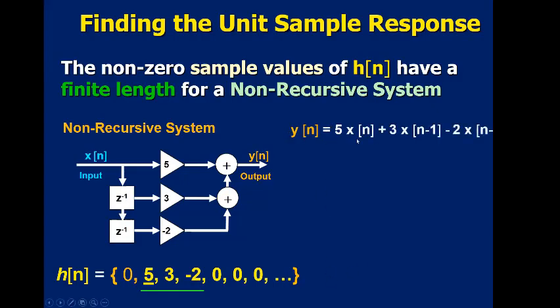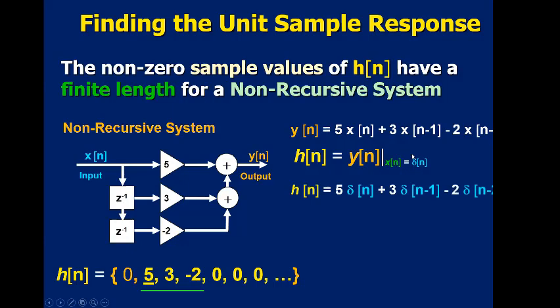And if we look at the original difference equation for this system and apply the definition of a unit sample response, that was h of n equals y of n when x sub n equals delta sub n, then everywhere in this equation that there's a y, I can put h. Everywhere there's an x, I can put a delta.